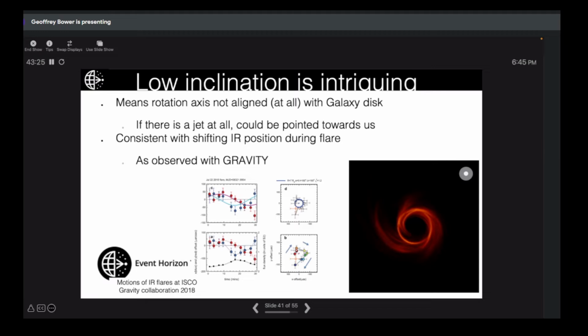So that's certainly very interesting and something that we expect to explore further in the future.